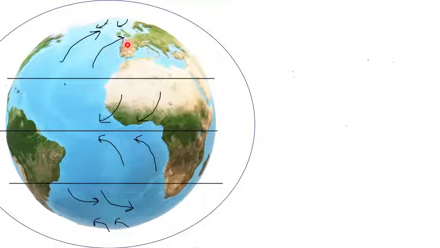And this really helps to explain why the prevailing wind direction in the UK, where we are here, comes from the southwest. It also explains why much of our weather comes from the southwest, as it blows the weather systems over us.